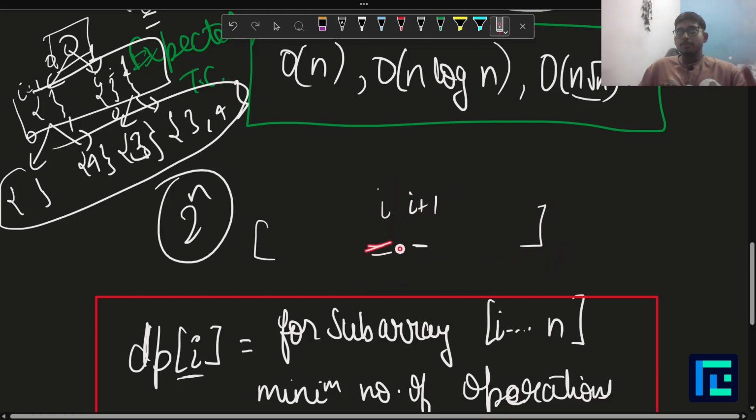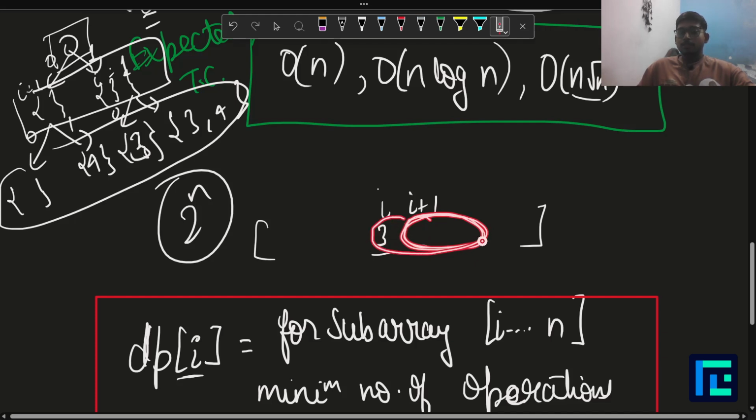And if I don't remove it, then what would happen? Let's suppose at this ith index I have a 3, the value at this is 3. If I'm not removing it, this would be the first element of the sequence for sure, because you don't have anything to the left. You are starting your sequence from here. So if this 3 is there, then we would have 3 more elements after this.